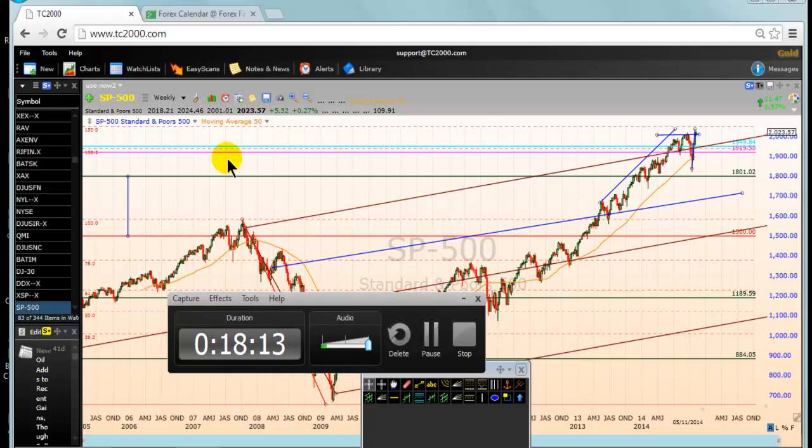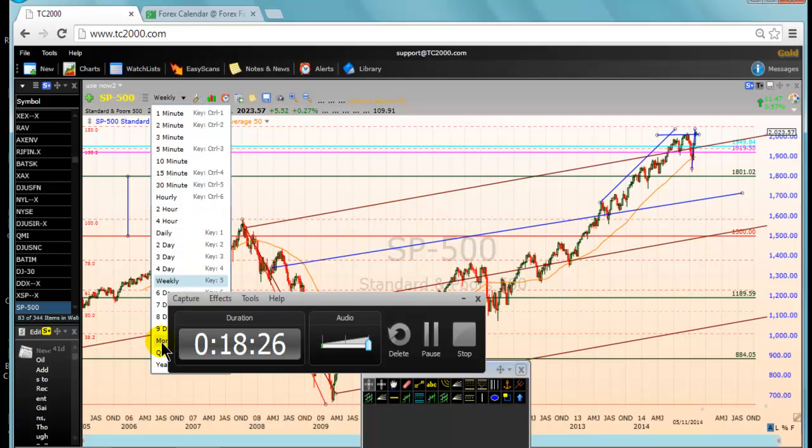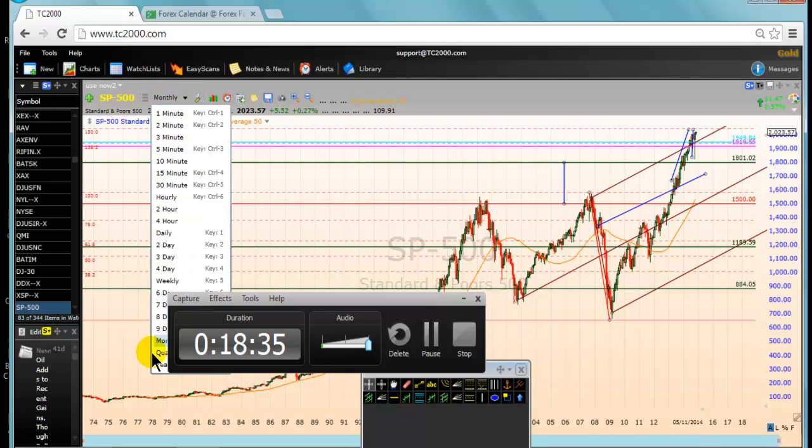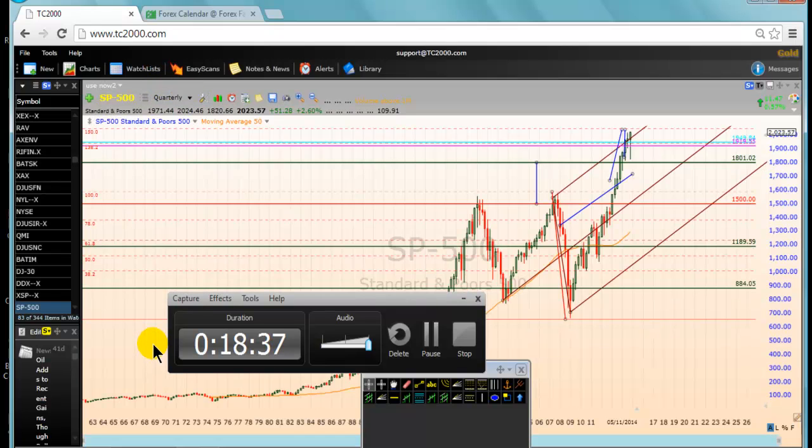So the price is now at the level of 150 Fibonacci extension zone for the S&P 500. All right. But traders must be aware, because I can't see everything on my weekly chart. You see still 150. We are in the zone of 150. If I go to the quarterly chart, I'm running out of time.